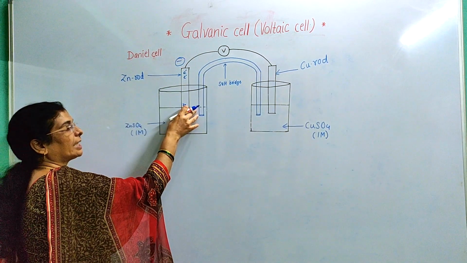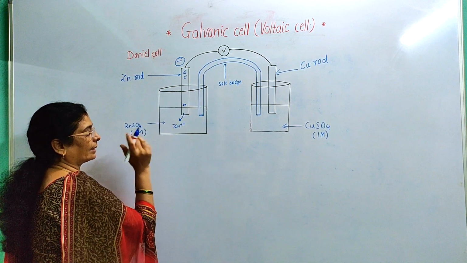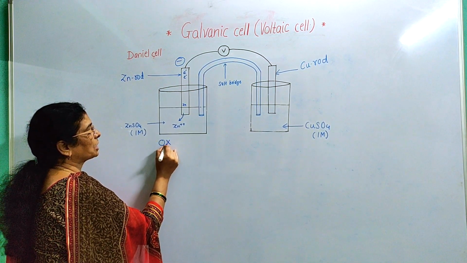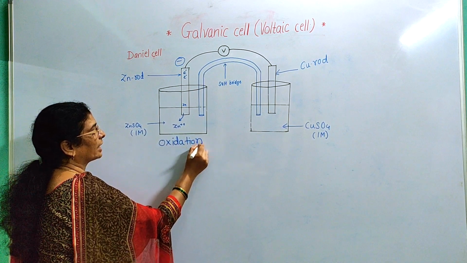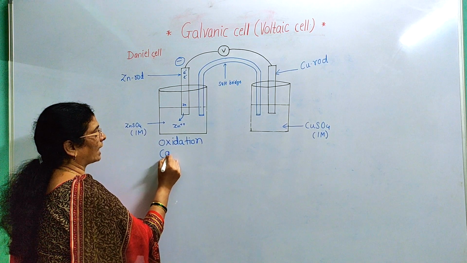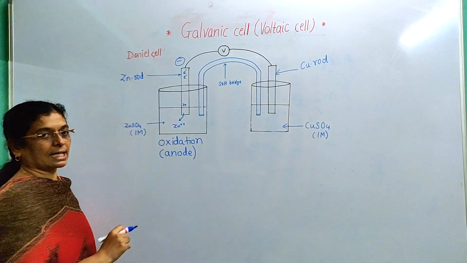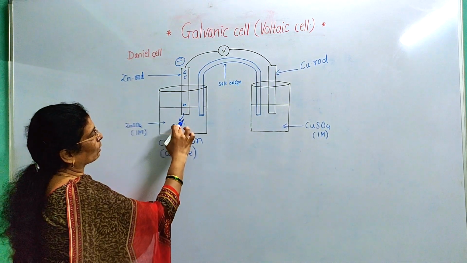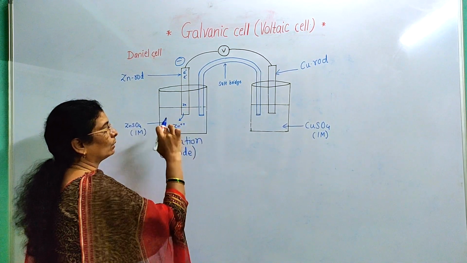Here oxidation takes place and therefore this zinc electrode is called the oxidation electrode. And you know that the electrode where oxidation takes place is called the anode. So here the Zn electrode works as the anode, where electrons are lost by the atoms and they are converted into ions.